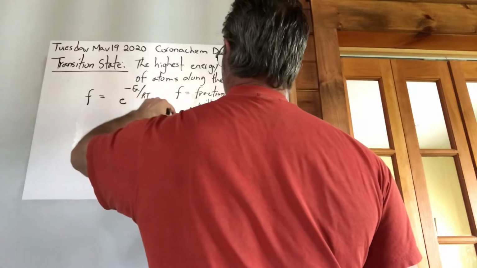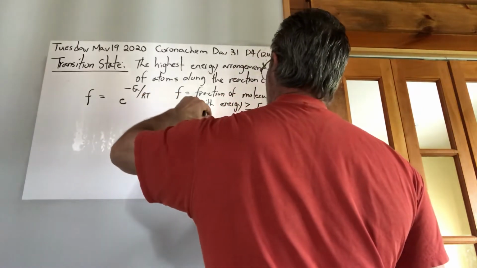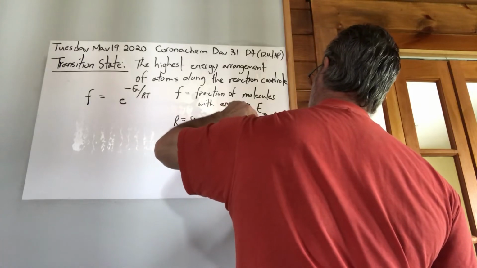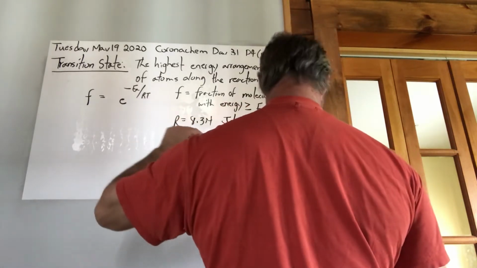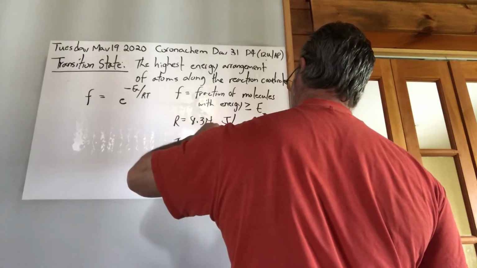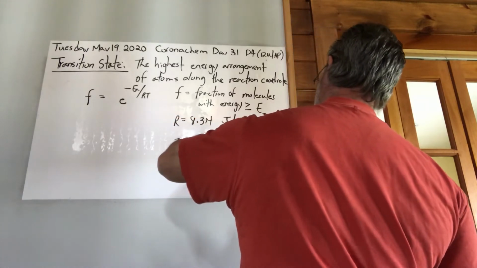And R equals 8.314, it's the gas constant, joules per Kelvin mole. And T is the temperature, the absolute temperature in kelvins.